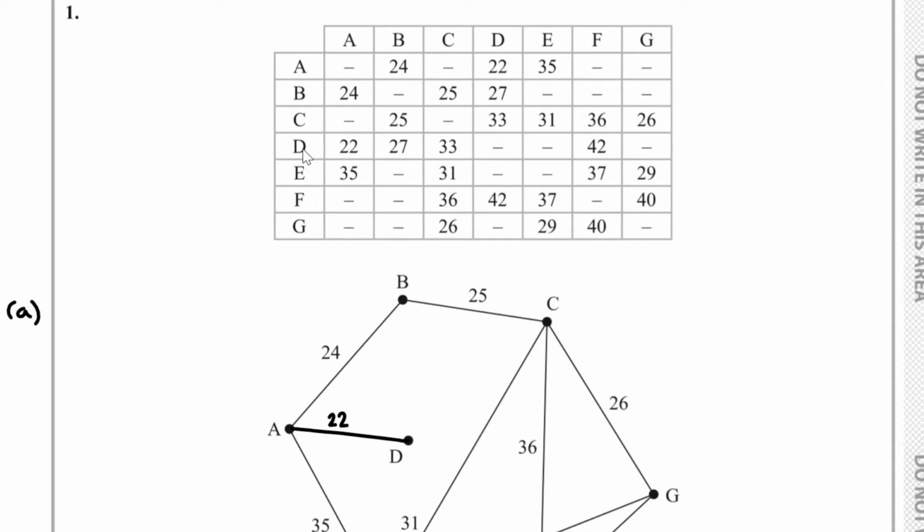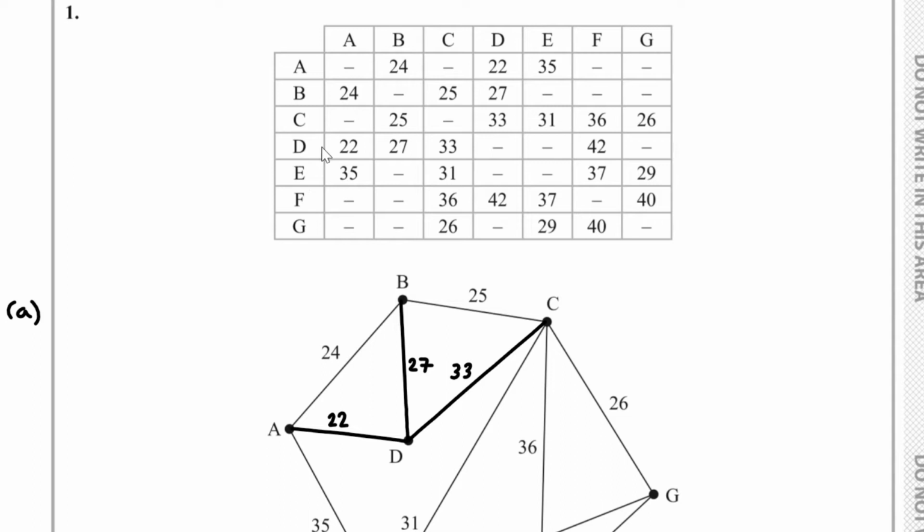Then we have DB, that has a length of 27, so we can add this on. So here we have 27. Then we have DC, that has length 33, so let's add this. Here we have 33.